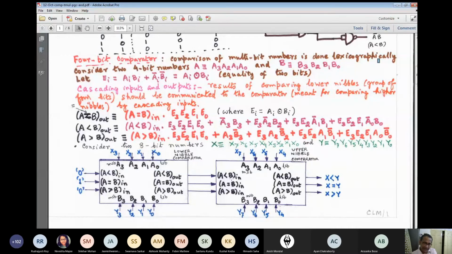Now, what do I do? I just reverse the connection. In place of the lower nibble, I bring the upper nibble here and bring the lower nibble there, and the information regarding the comparison of the upper nibble is conveyed to the lower nibble comparator. Then how will the equations vary? It will be a general equation, no doubt about that.